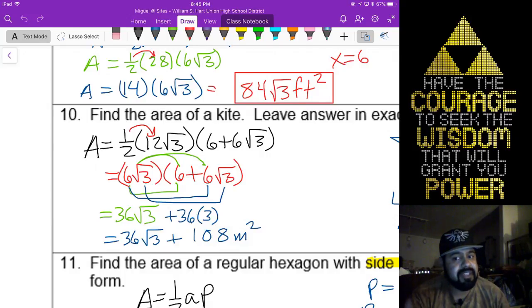The 6 rad 3 times 6 rad 3, you can type that in your calculator, but I also showed the work. You do 6 times 6. You do rad 3 times rad 3. And then once you multiply it all out, you get 36 times 3, which is 108. So then you'll have 36 rad 3 plus 108 meters squared.